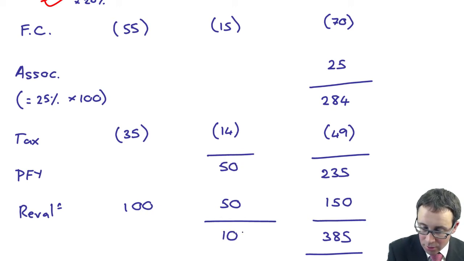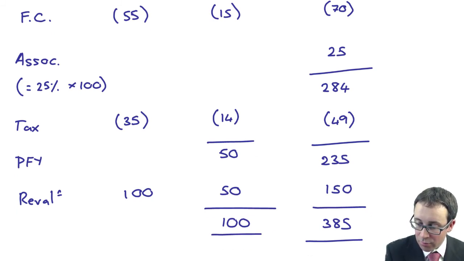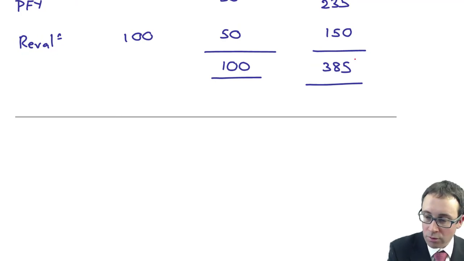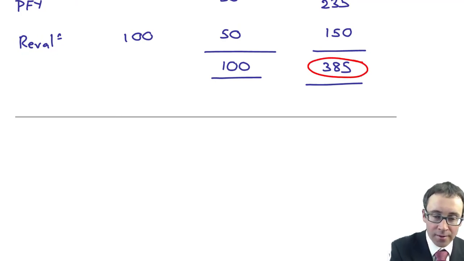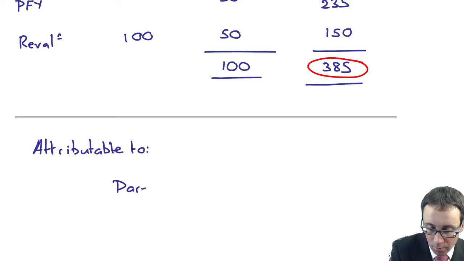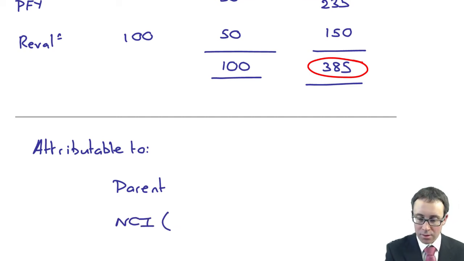The revaluation on top gives me 100, doesn't it? So what I need to go through and do now is I need to split that group total comprehensive income for the year. So that is going to be attributable to the parent and the non-controlling interest.